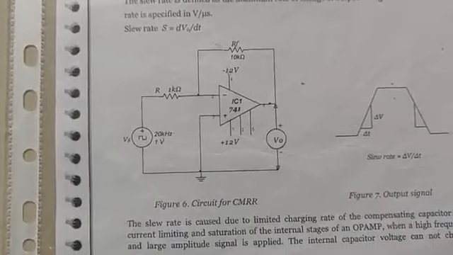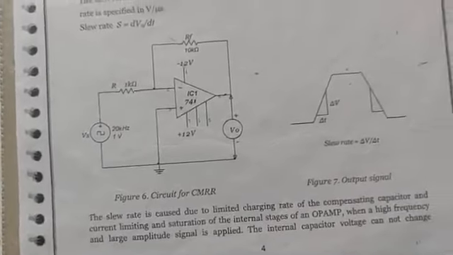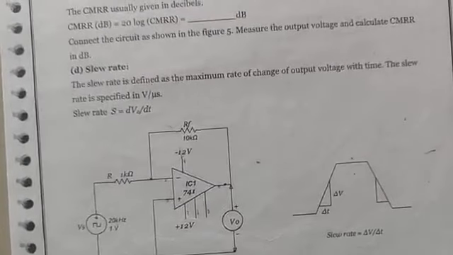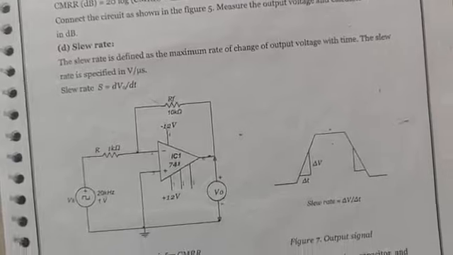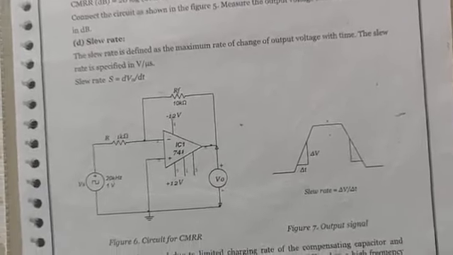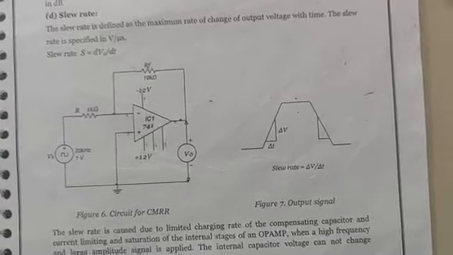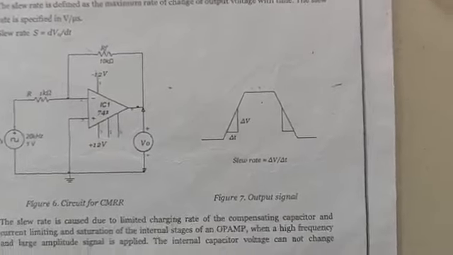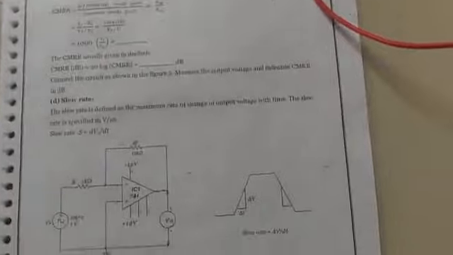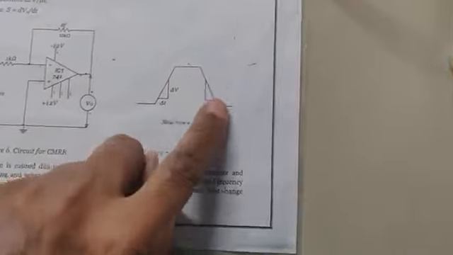And the input voltage of 1 volt and 20 kilohertz, that is supposed to be the signal that should be given as the input. RF is supposed to be 10K. So gain of this amplifier at 10K upon 1K is going to be 10 we are utilizing here. And at the output we are going to connect a CRO, cathode ray oscilloscope.